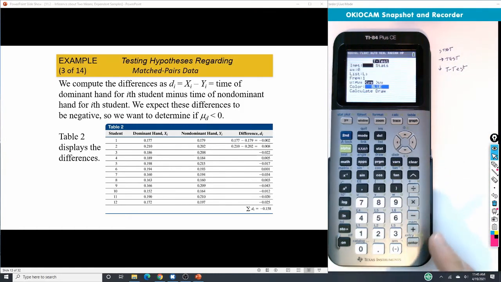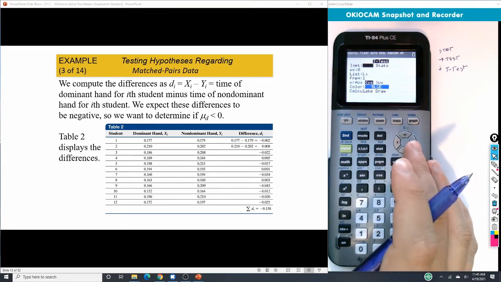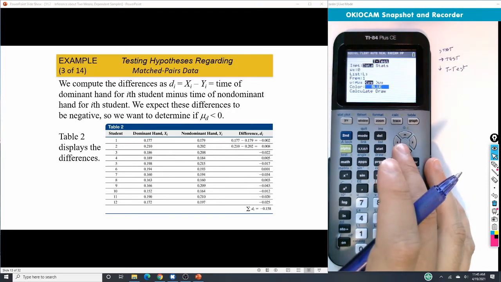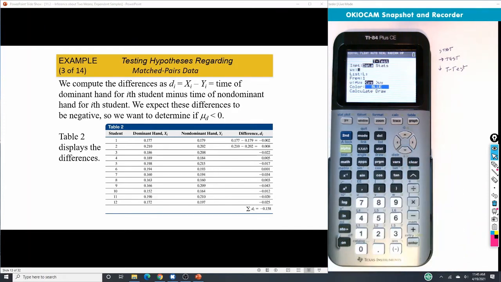Now we have the data in there. That's important to know. We don't have the statistics. If they gave us the statistics, we would move over, but we don't. We have the data. Now, we're comparing to 0 because that's what we have here on our screen. We're looking at being less than 0 for those pieces. And typically, it's probably going to be 0, but we'll look at each problem significantly there.